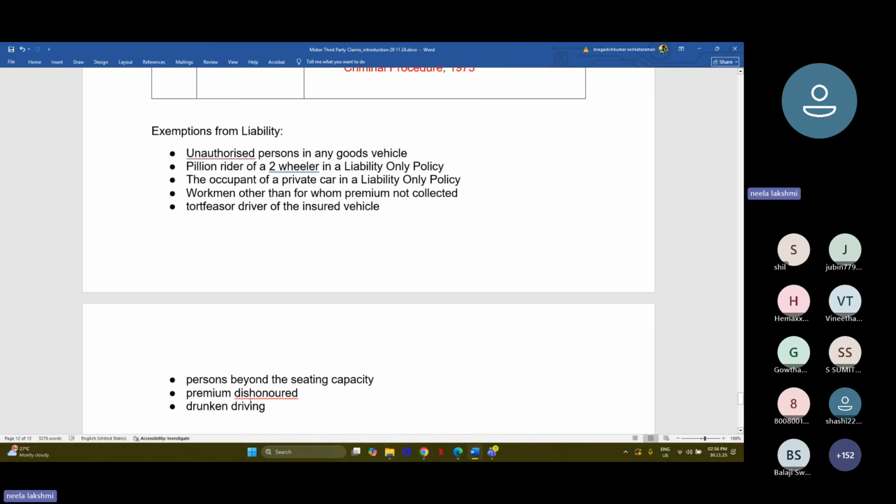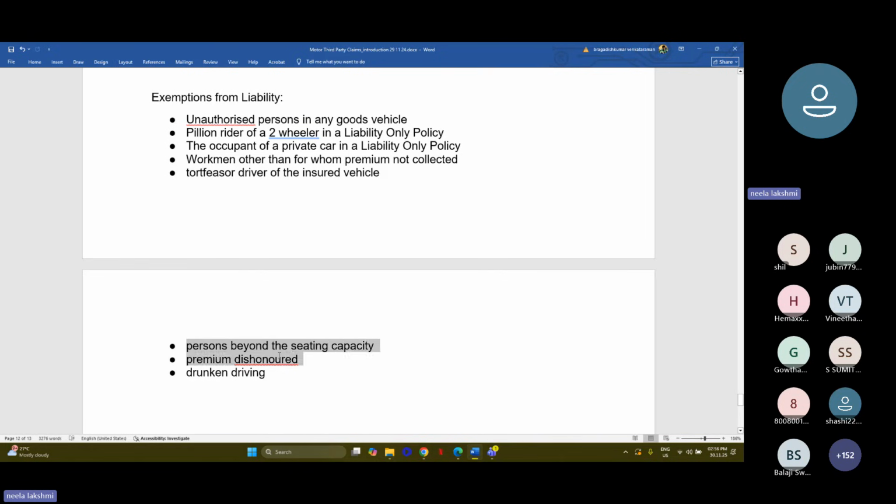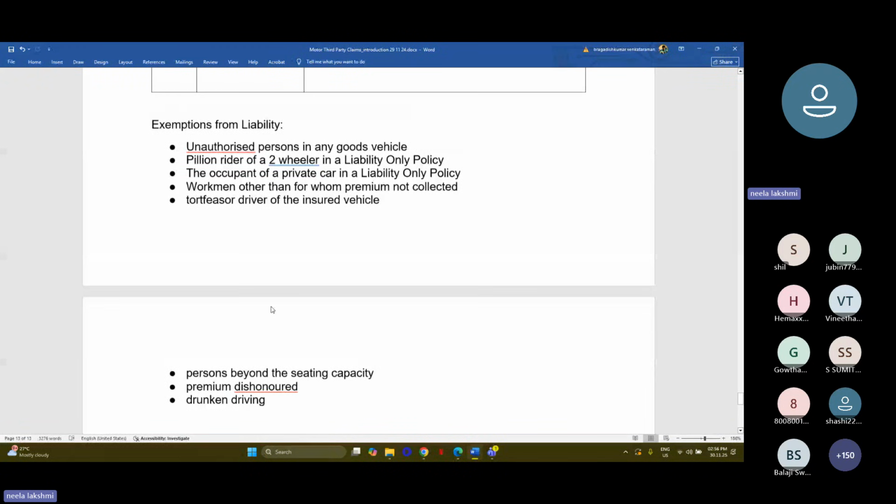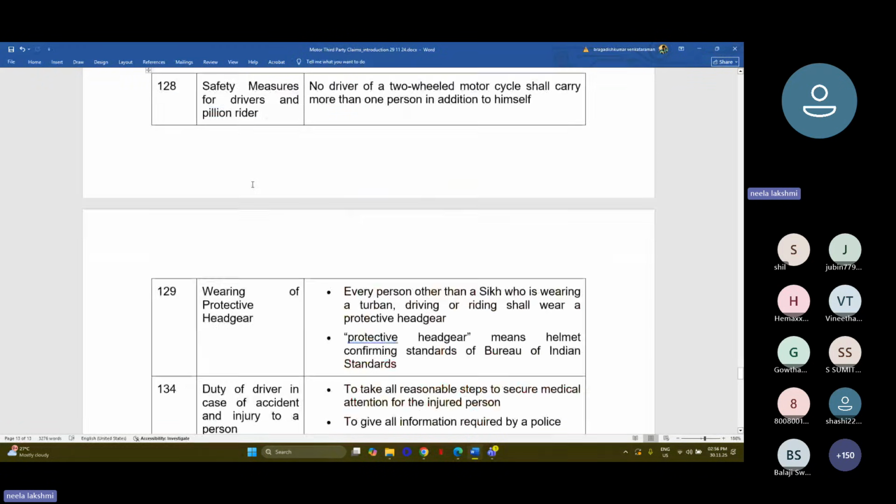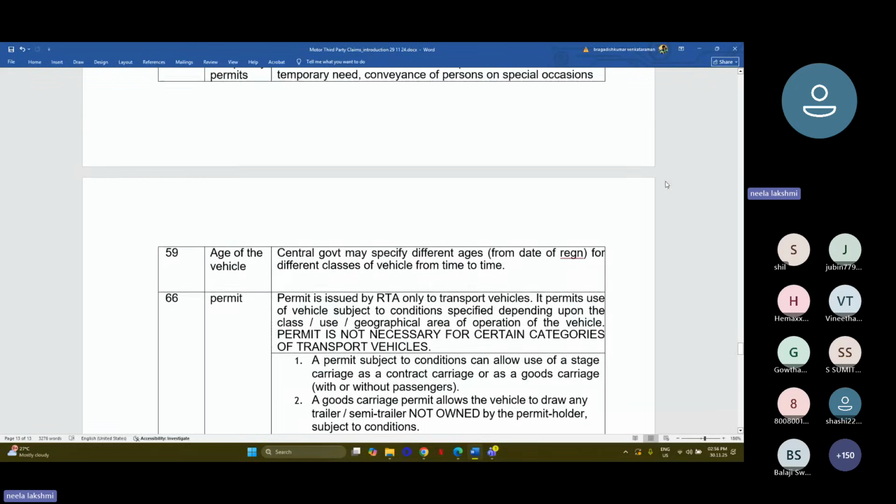Also persons beyond the seating capacity, and premium dishonored: if any cheque is dishonored and the premium is not collected, 64VB violations. Drunken driving of the driver who is a tortfeasor is also newly introduced. These are also exemptions from liability. This is regarding the introduction of the TP claims.